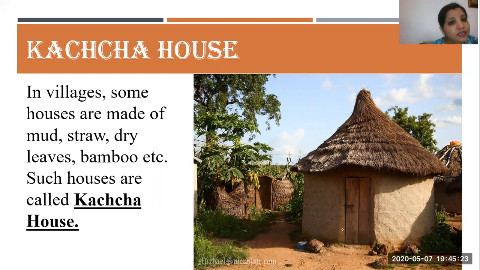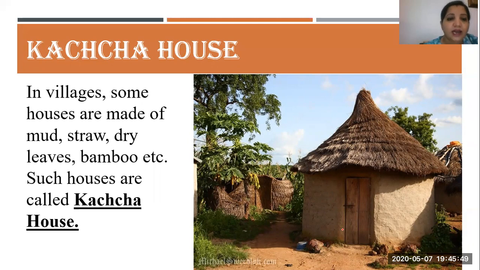No, we can only see this kind of houses in villages, and these are made up of mud, straw, dry leaves, bamboos, etc. That means the things that are easily available in our surroundings. People use the things which are easily available in the surroundings to make kacha houses.